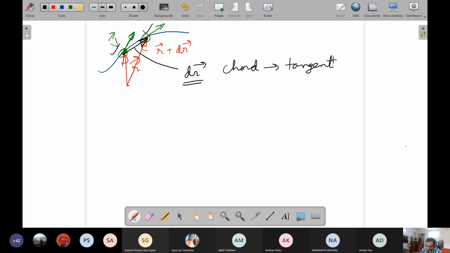So if this becomes a tangent, then the direction of that will be the same as the direction of this velocity vector, because by definition velocity vector is tangent to the streamline. So in the limiting state that we are considering, if dr becomes along the tangent, then dr and v are in the same direction.